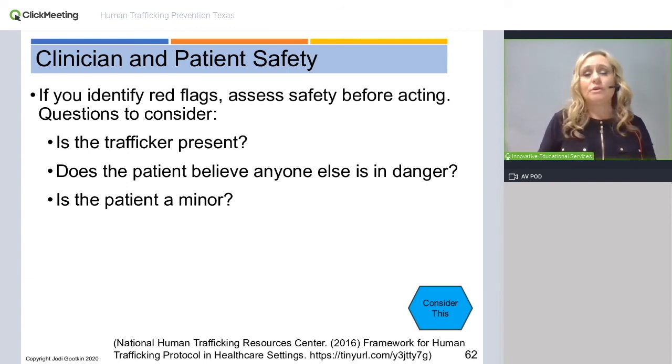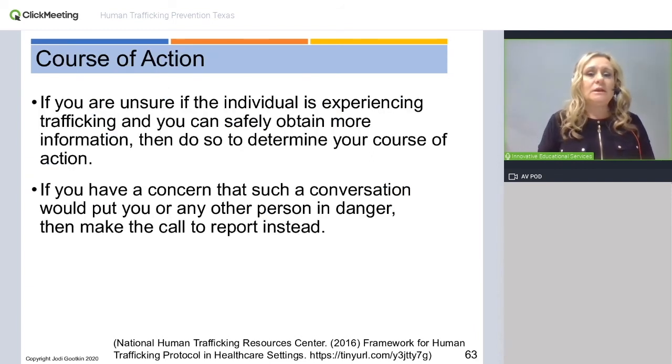You also don't want to alert the trafficker that may be there, or the escort on behalf of the trafficker, that you're becoming aware of the situation. You need to consider your different course of action. If you're unsure if the individual is a victim of trafficking and you feel that it's safe to engage in more questioning with them, you can do that.